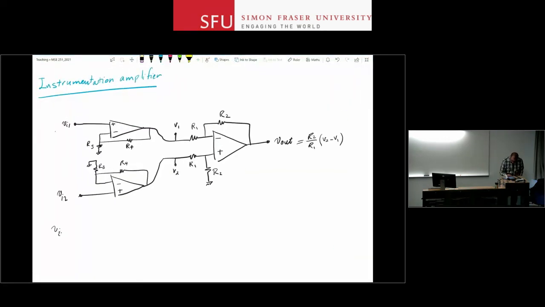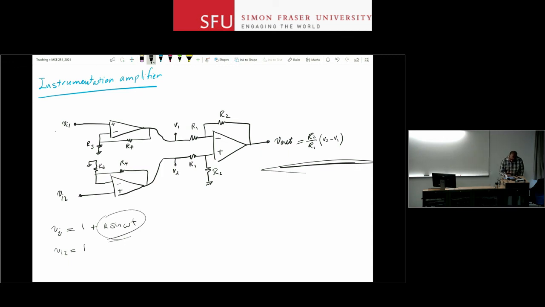So if VI1 is, let's say, 1 volt DC plus A sine omega t, and VI2 is just 1 volt DC, the output here is proportional to just the A sine omega t part, right?